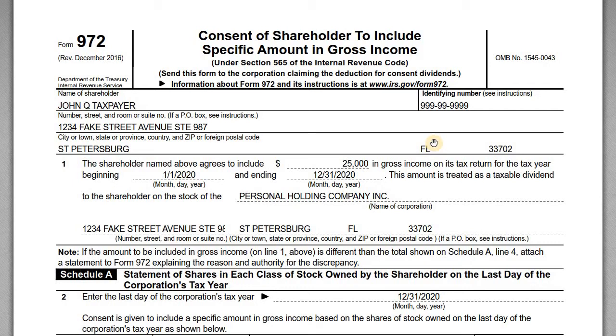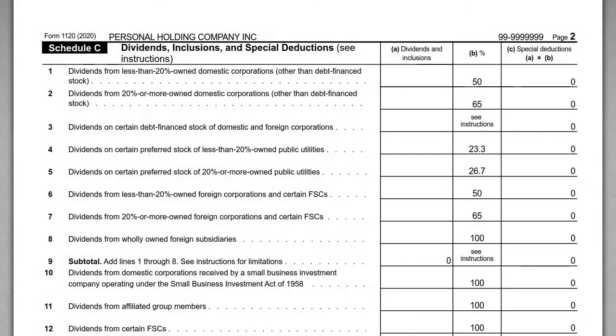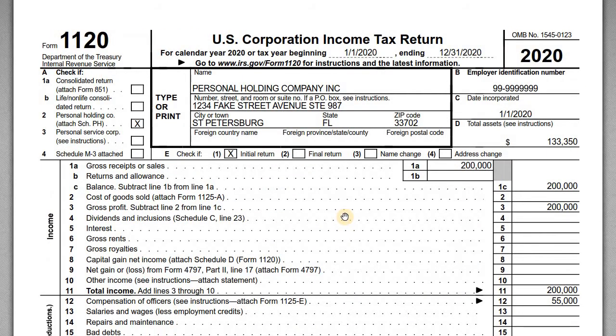Okay, so a personal holding company is a C corporation that meets certain requirements and it's subject to more onerous taxes. So let me jump up to the 1120 here. This is the example I have in front of us. And I'll go through what is a personal holding company, how is it subject to tax, and why we might need the 972 and 973 forms.